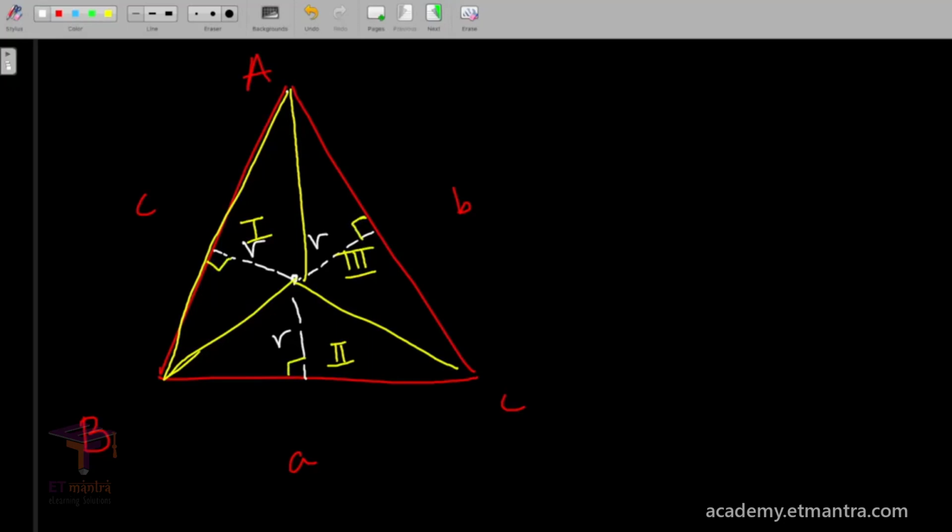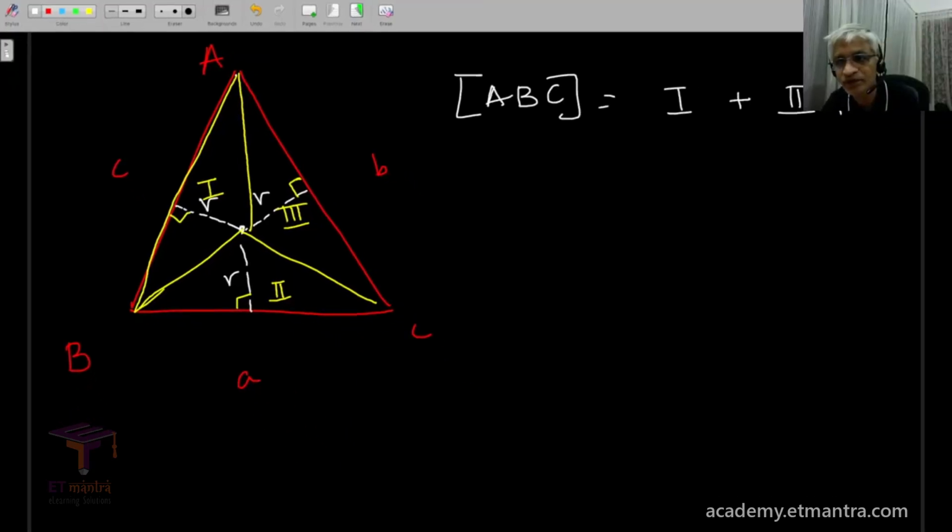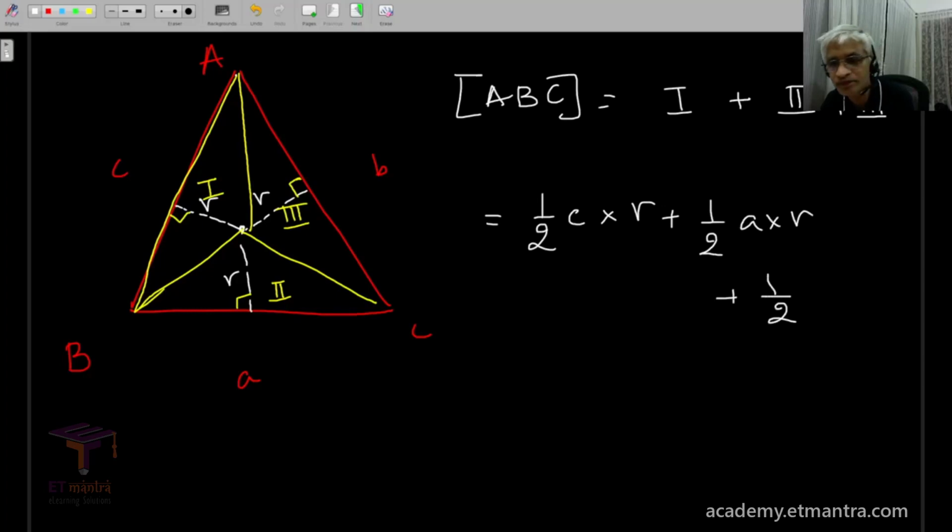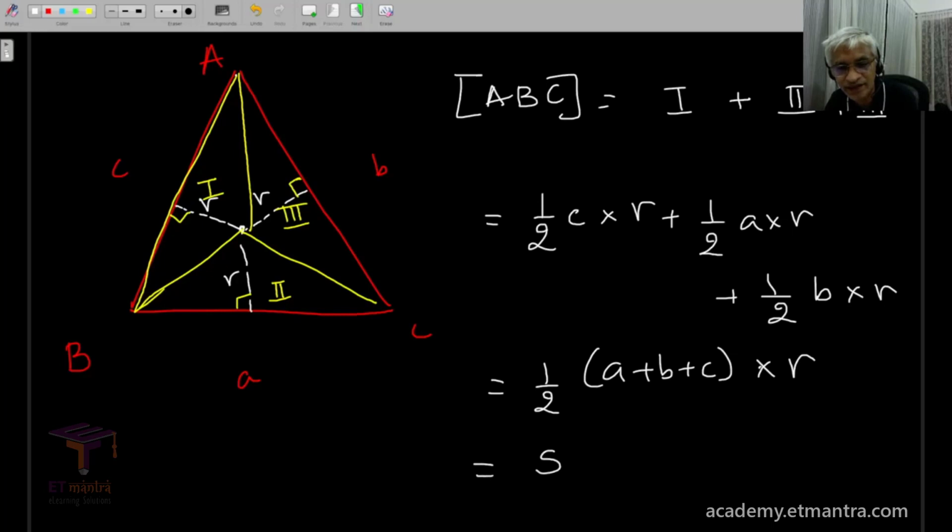That would mean that the total area of the triangle is the area of triangle 1 plus the area of triangle 2 plus the area of triangle 3. And this is simply half c into r plus half a into r plus half b into r, and this is equal to half (a plus b plus c) into the inradius, which is written as the semi-perimeter into r.